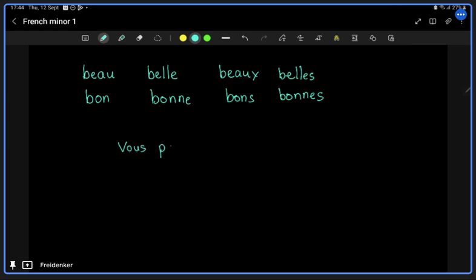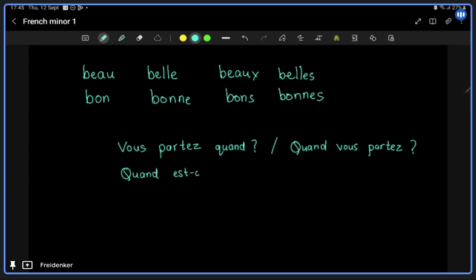Vous partez quand? Or quand vous partez? This is intonation. So this is familier. When you have est-ce que, quand est-ce que vous partez? This is standard.